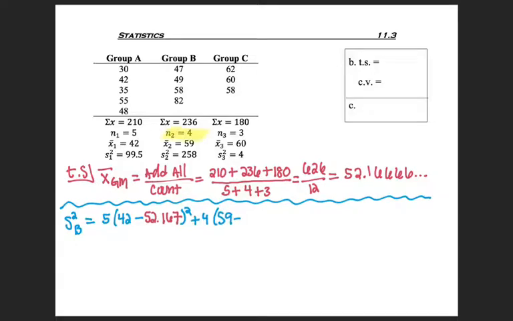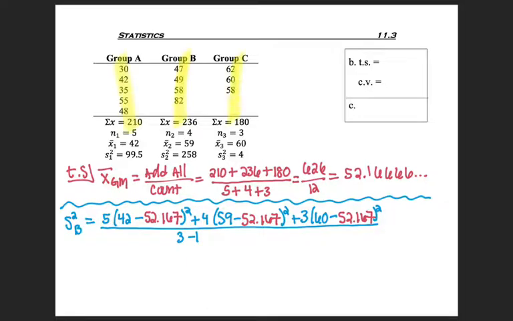The 4 items in the second group times their average of 59 minus the grand mean, quantity squared, and then I'm going to take the 3 times the 60 from the third group, subtract the grand mean, square, and divide by k minus 1, which remember k is the count of groups, and in our case we only had 3 groups. So 887.6666 divided by 2. I didn't round before I divided by 2, so I get this ongoing number.